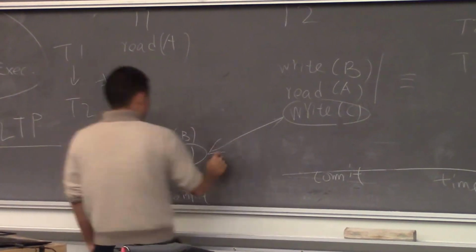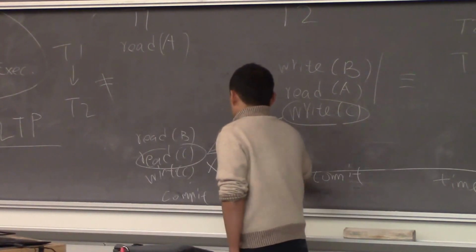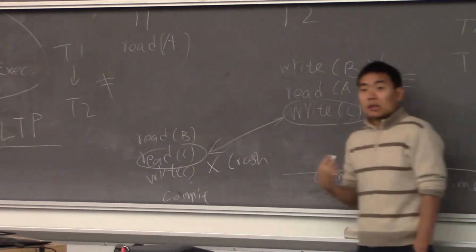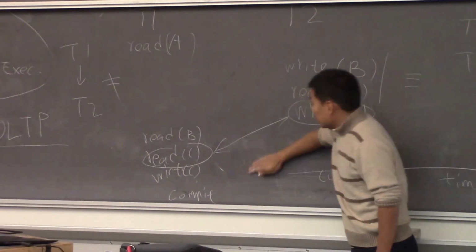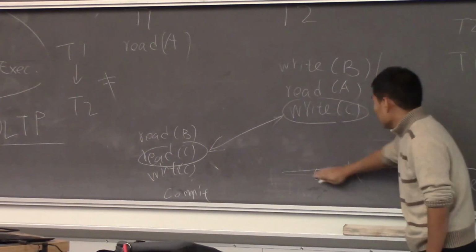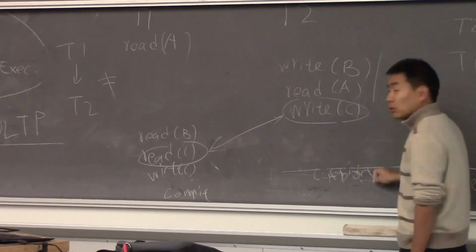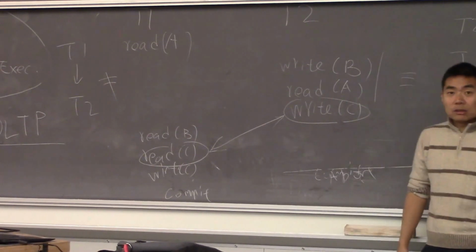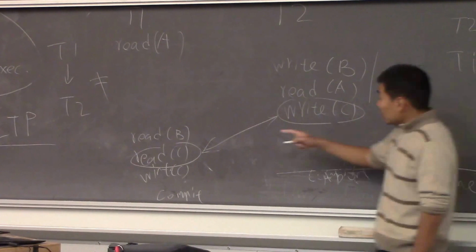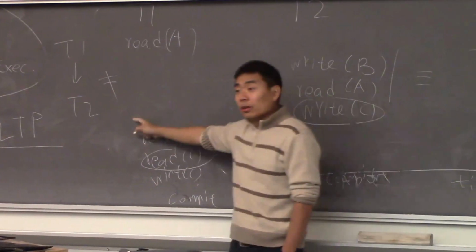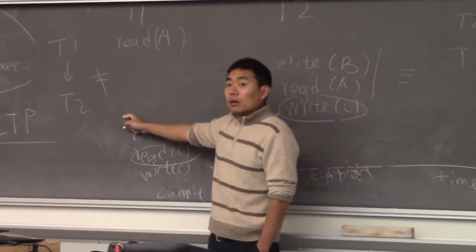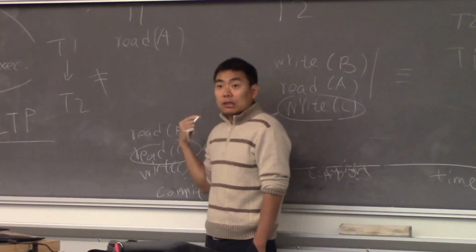For example, the system may crash right here. Or the system does not crash, but after you read this, I decide to abort. I do not want to commit, I abort. Then in that case, this is no longer equivalent to a serial execution of these transactions.